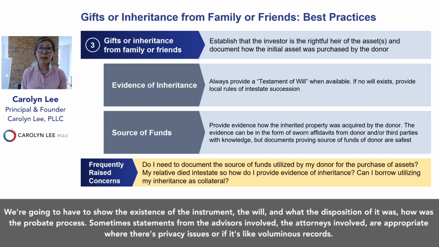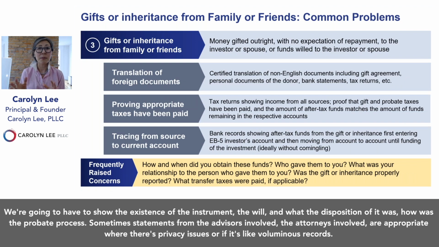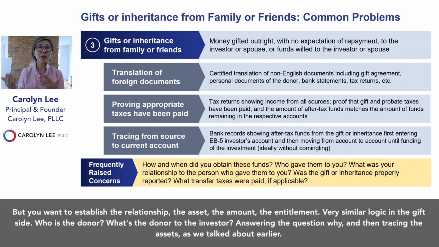We're going to have to show the existence of the instrument, the will, and what the disposition was, the probate process. Sometimes statements from the advisors involved, the attorneys involved, are appropriate where there's privacy issues or voluminous records. But you want to establish the relationship, the asset, the amount, the entitlement.